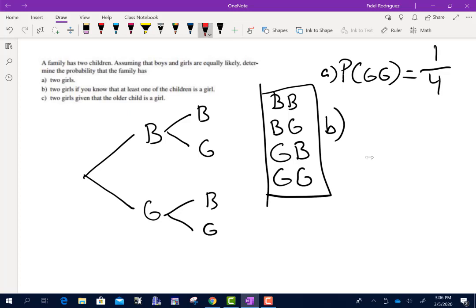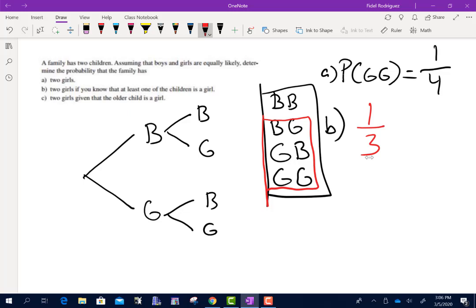If we're going to have at least one of the children being a girl, these are the ones that have at least one of the children being a girl, right? We either have the second one being a girl, the first one being a girl, or they're both girls. So my sample space here is going to be 3, and we still want to get 2 girls, so that would be 1 out of 3.